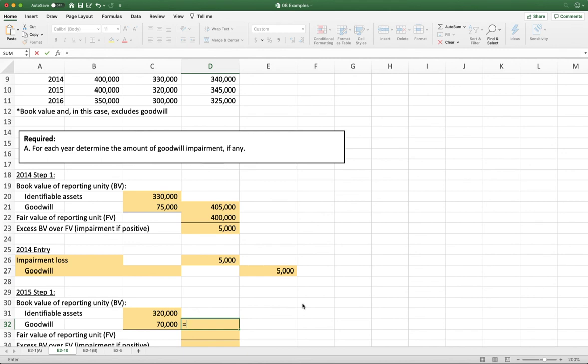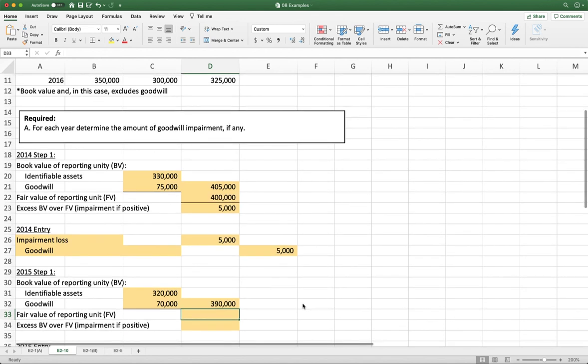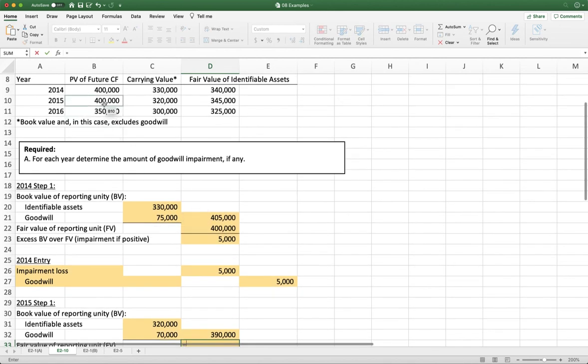You're going to add these two guys together, and that gives us a total book value for our reporting unit of $390,000. Now again, we're going to compare the book value of our reporting unit to the fair value of our reporting unit. If we were going to buy it all over again today, what would we be willing to pay for it? And that's going to be captured in this present value of future cash flows number.